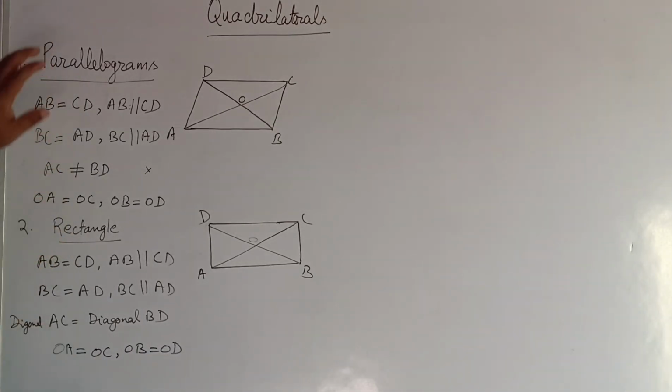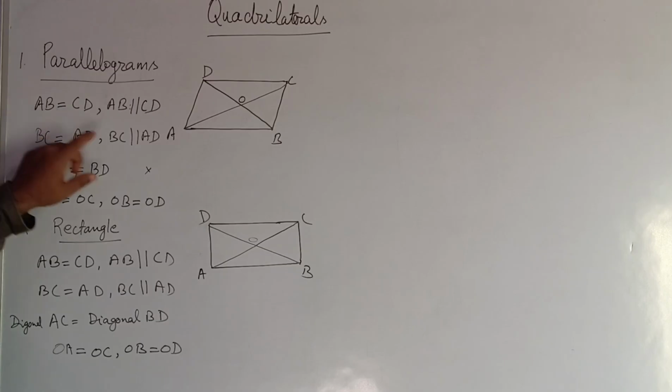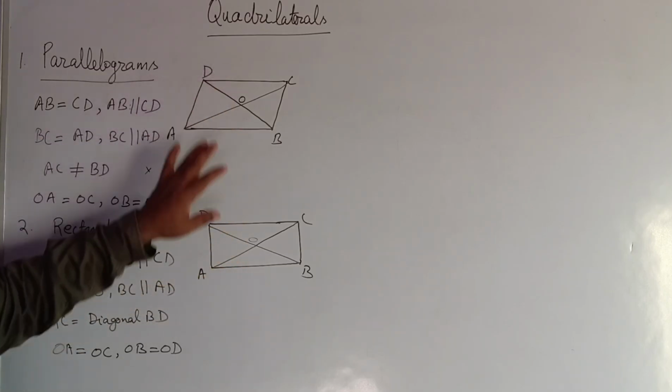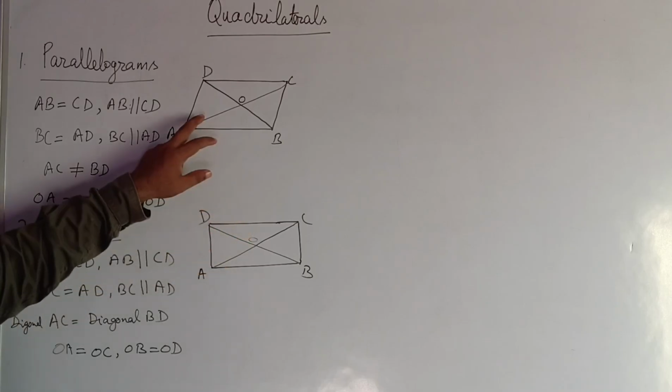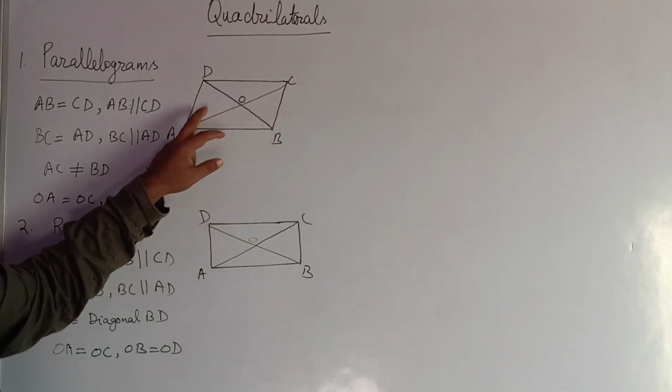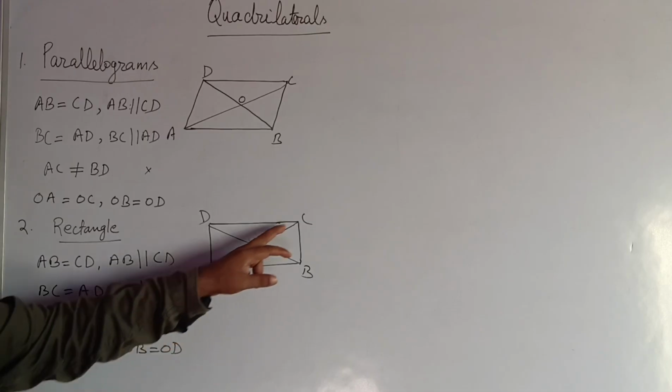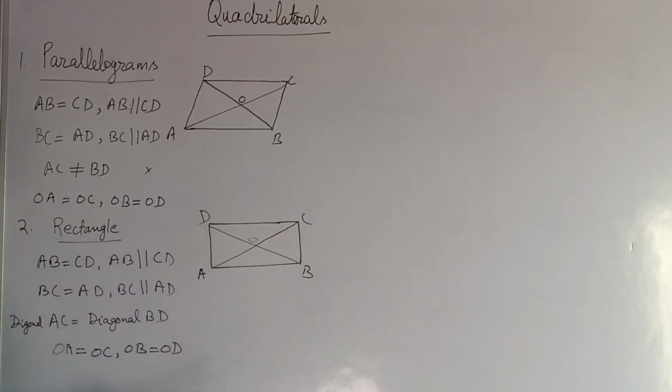In both, opposite sides are equal and parallel, but in a parallelogram the diagonals are not equal, while in a rectangle the diagonals are also equal.